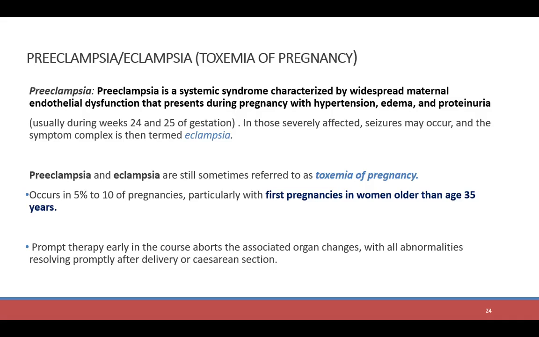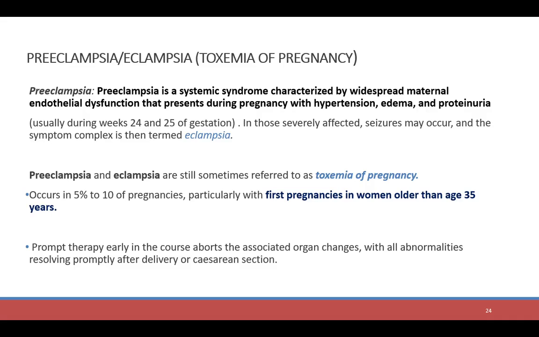So preeclampsia and eclampsia, as I said, people still call the toxemia of pregnancy. It occurs in 5 to 10% of pregnancies. So hypertension, edema, proteinuria: preeclampsia. If we add the seizures, it's eclampsia.